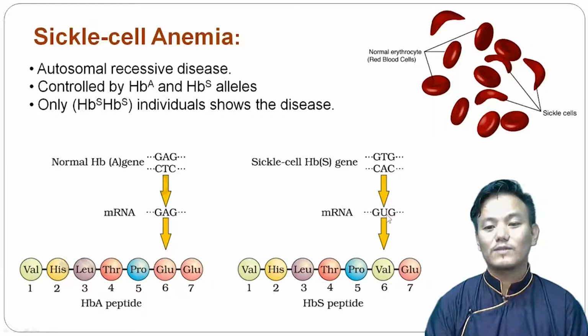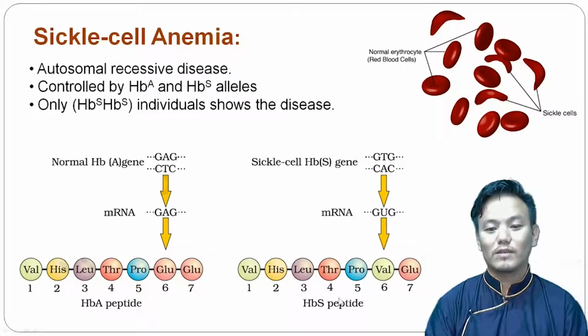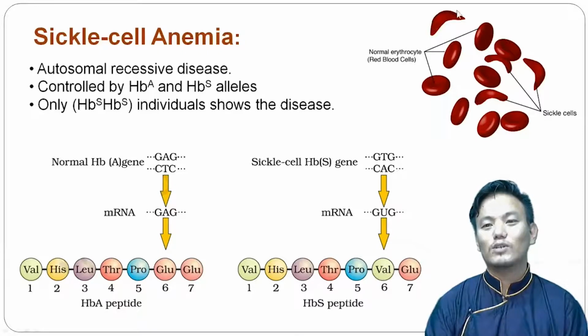A different mRNA sequence will lead to formation of a different amino acid at the sixth location. In normal hemoglobin we have glutamic acid, while a person carrying the sickle cell gene has valine. So this point mutation, which changes one amino acid in the sequence, leads to the formation of sickle-shaped cell. That is the effect of point mutation, and it leads to sickle cell anemia.